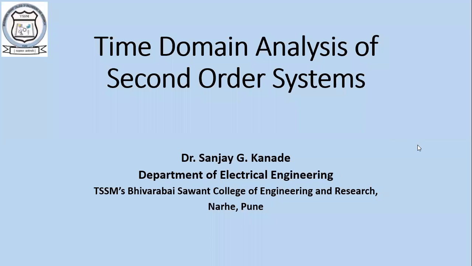Now I'm going to go for the next part of our discussion, which is time response of second order system. Okay. Now what is this? Time response of second order system. Time domain analysis of second order system.